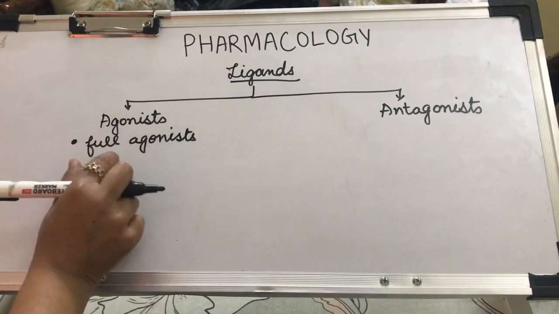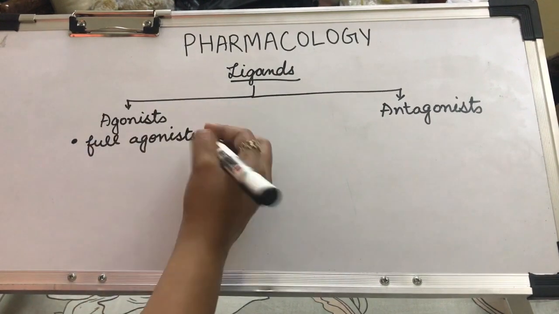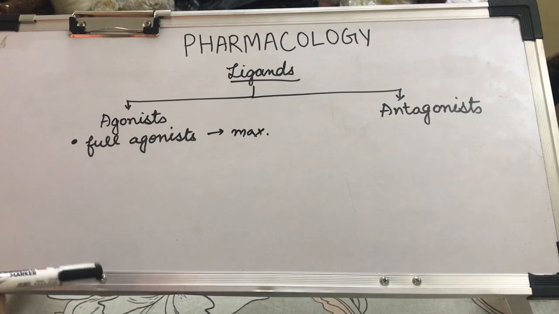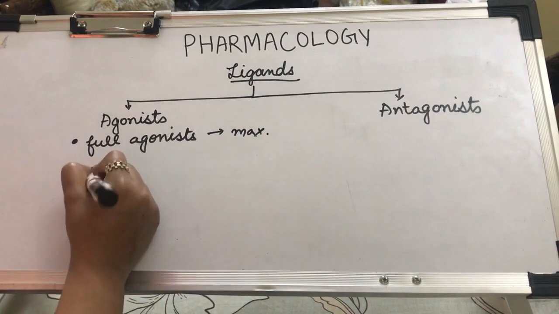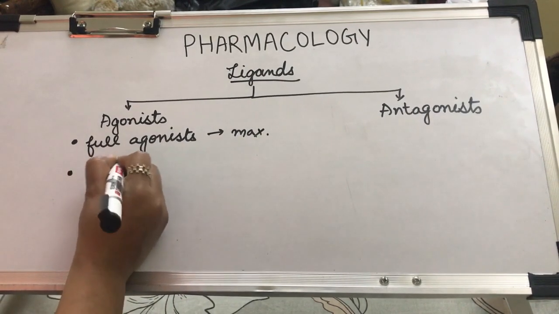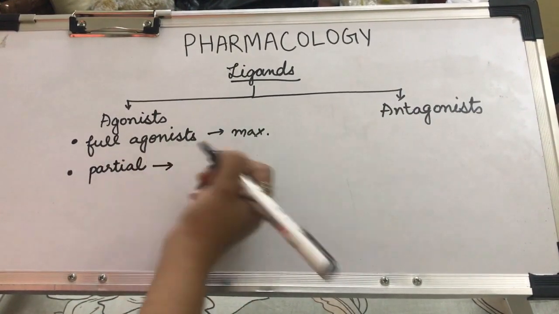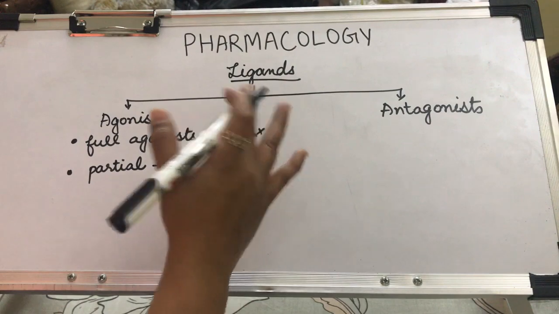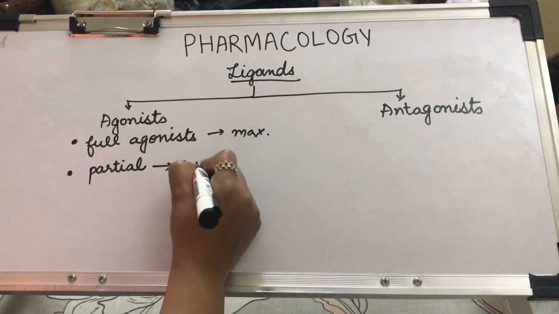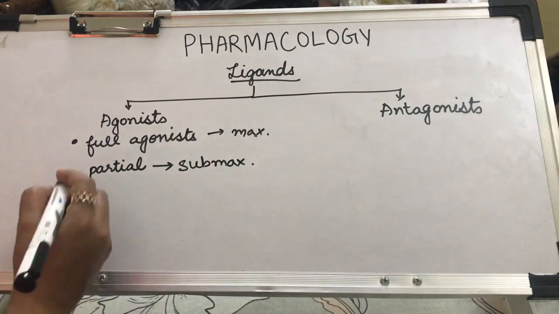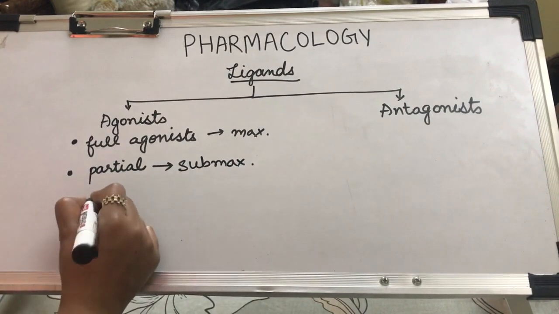Full agonists, as the name indicates, are going to give the maximum response. There are partial agonists. Partial agonist means they are going to give a partial response, a sub-maximal response.